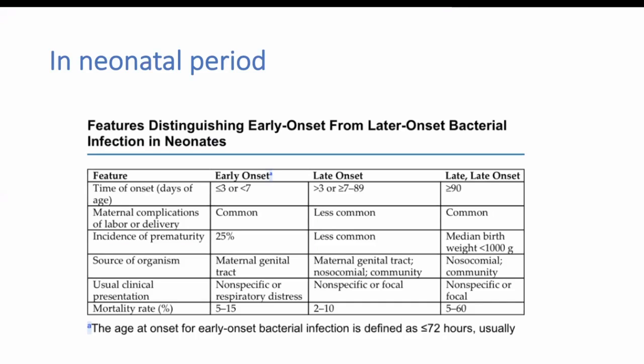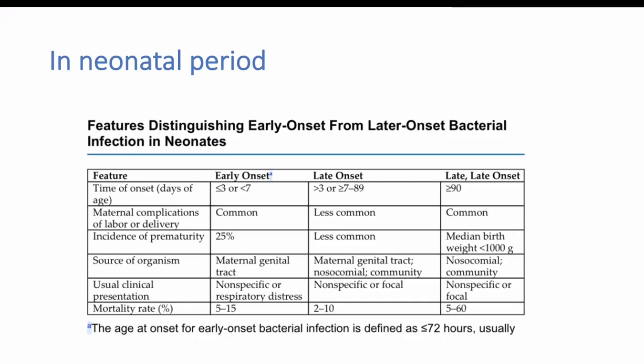Gram-negative organisms and Listeria. So we need to memorize those organisms by heart. All those organisms will cause sepsis and meningitis or whatever in early onset.